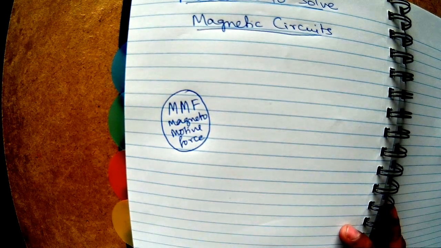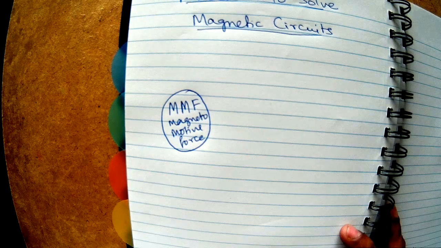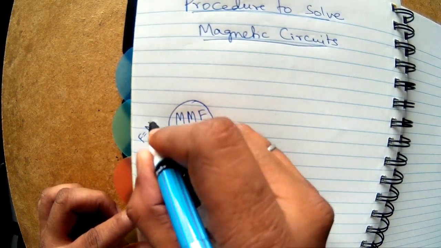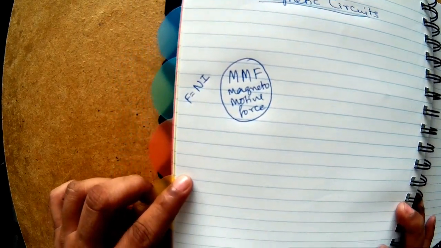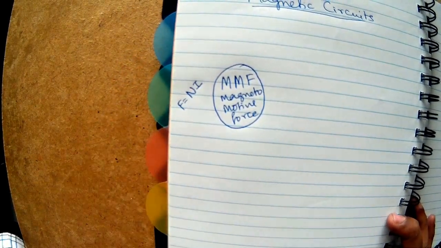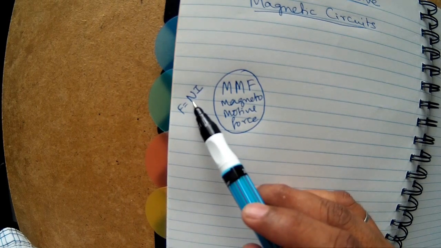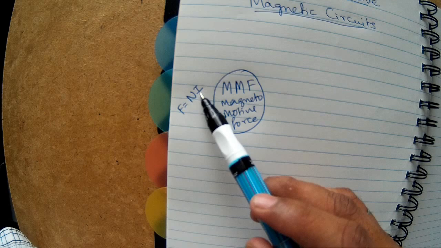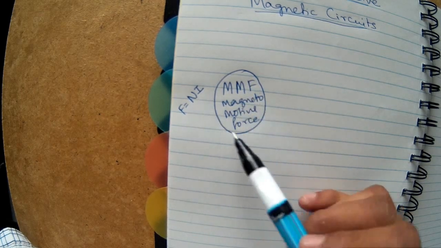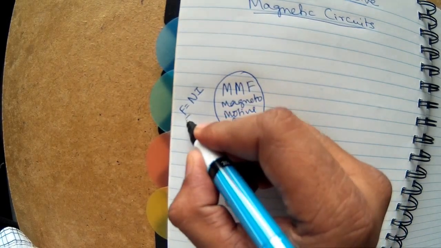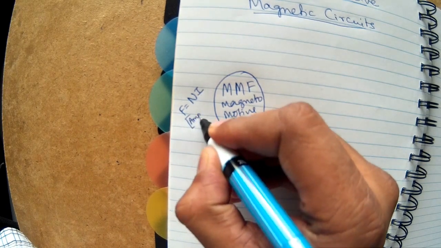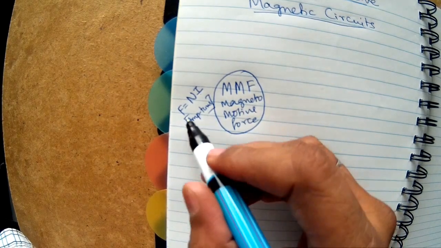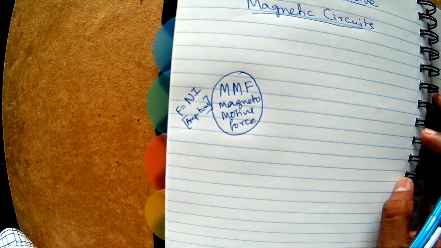In magnetic circuits, you have MMF, magnetomotive force, and the symbol for this is F, which is nothing but N into I. Okay, I'll also show you all the notations separately. N is the number of turns in the coil and I is the current flowing in the coil. So the product of amperes into turns is ampere turns, which is the unit for MMF. So units I'll put in ampere turns.